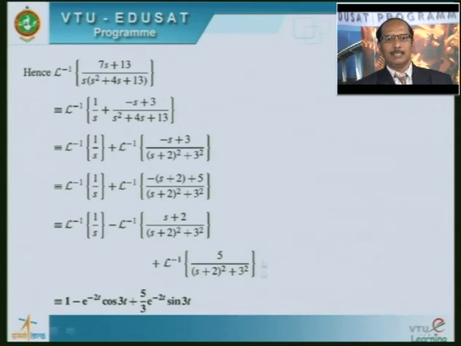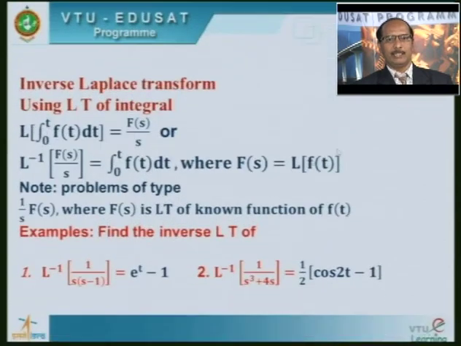Similarly, the other term can be matched with e raised to at into sin bt. Here a is minus 2; the main formula is b divided by (s minus a) whole square plus b square. So, 3 should be there in the numerator, that is why divided by 3 is taken. So, e raised to minus 2t sin 3t. In this way the partial fractions are used in finding the inverse.